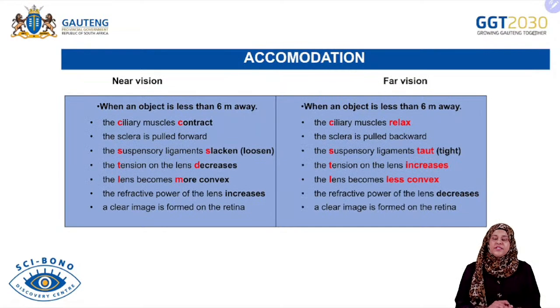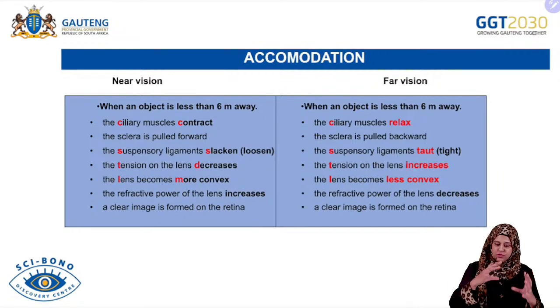So now let's look at how we're going to focus our lens on a near or a distant object. When an object is less than 6 meters away, that means the object is near, okay? So when the object is near or close by, then the ciliary muscles contract. Remember, Nonhlanhla spoke to you about the ciliary muscles. The ciliary muscles contract and the sclera is pulled forward.